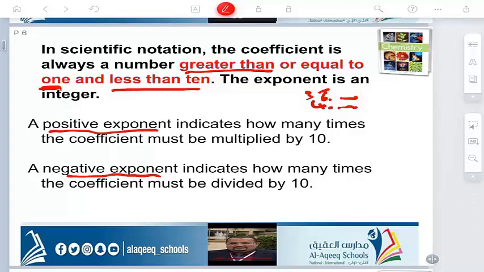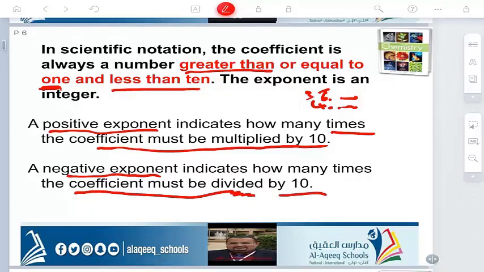If the exponent is positive, it means the large number. Positive exponent means large number. The coefficient must be multiplied by 10. In the case of a negative exponent, it indicates a small number, and at this moment the coefficient must be divided by 10. Divided by 10.